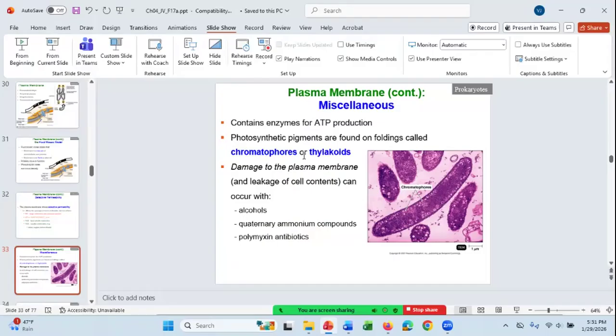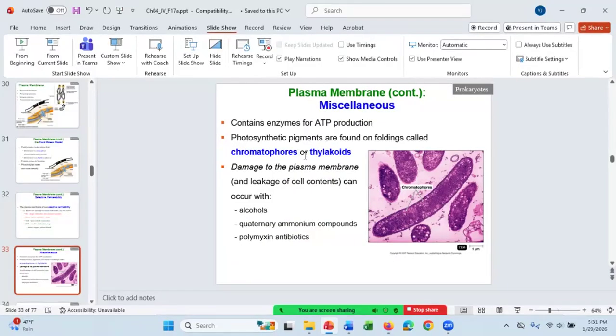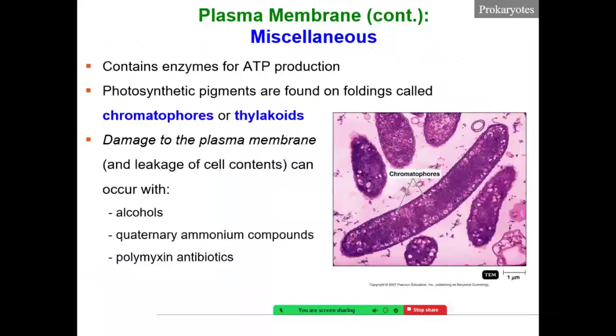Bacteria and archaea also have the photosynthetic pigments found in foldings of the cell membrane. Let me blow the slide up. We call these foldings of the cell membrane either chromatophores or thylakoids. And here we have the cell membrane running along there, but it's not a single thing like that.